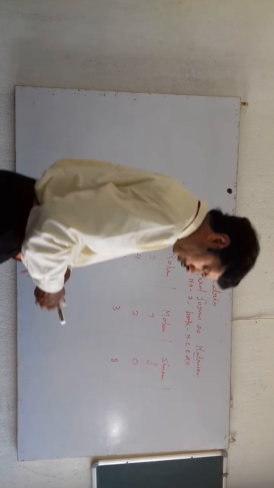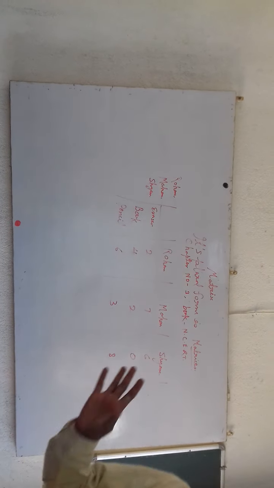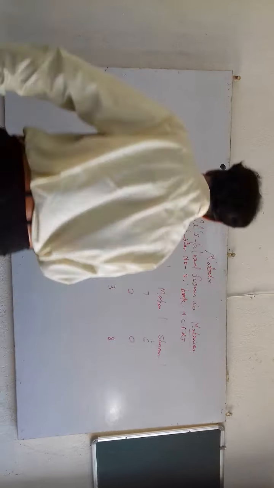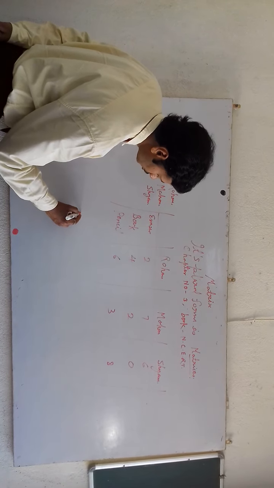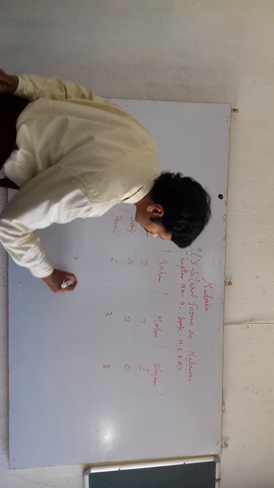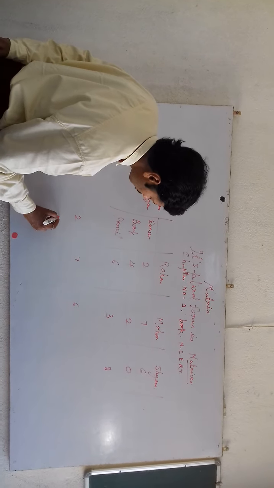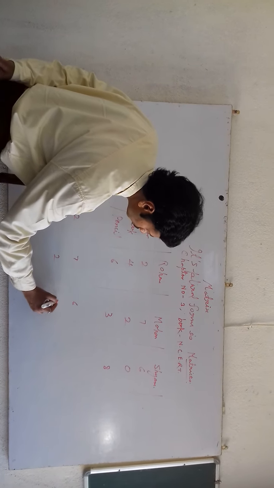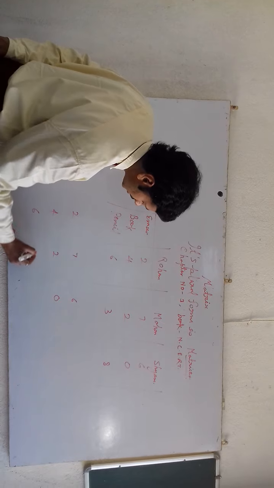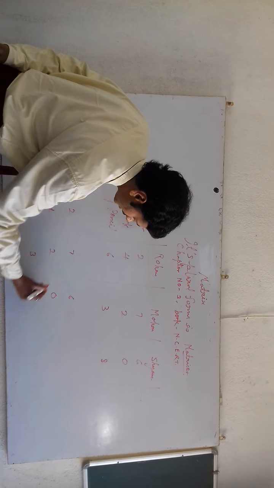Now we can arrange or write these numbers also like this: 2, 7, 6, 4, 2, 0, 6, 3, 8.